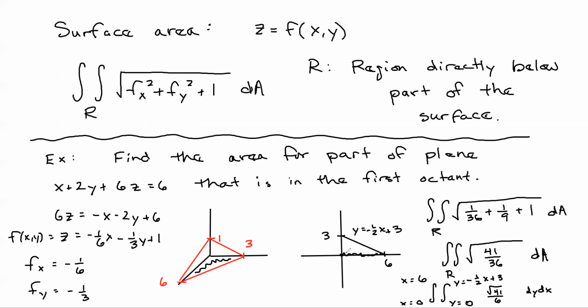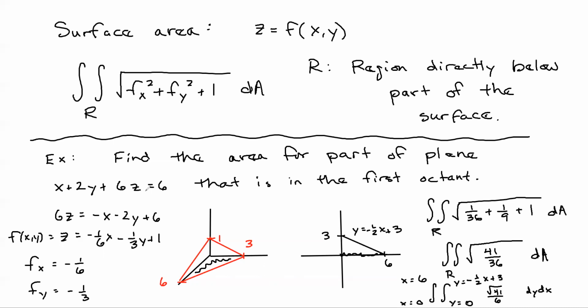Okay, so I mentioned that you could try and find the region that you're integrating across, find the R, without having to sketch the object. How do you do that? Well, since we're finding the area for the part of the surface that's in the first octant, the first octant is everything that's above the xy plane. And so what is the xy plane?